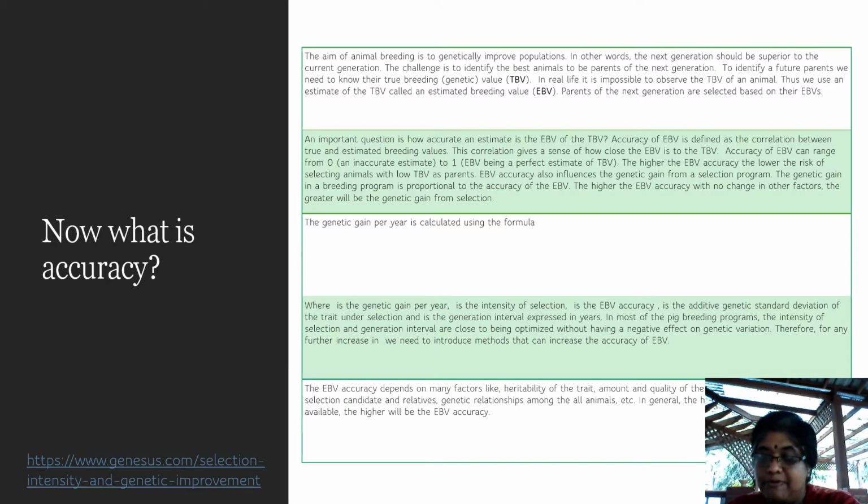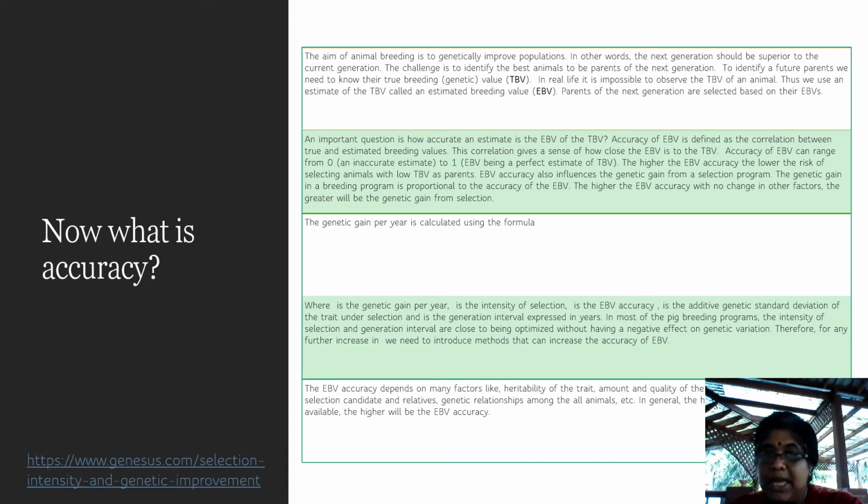EBV accuracy influences the genetic gain from a selection program, and the genetic gain in a breeding program is proportional to the accuracy of EBVs. The higher the EBV accuracy, the greater the genetic gain from selection.